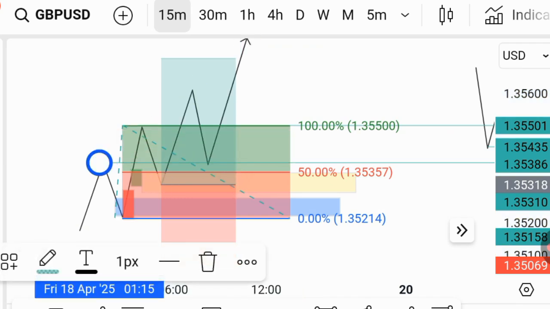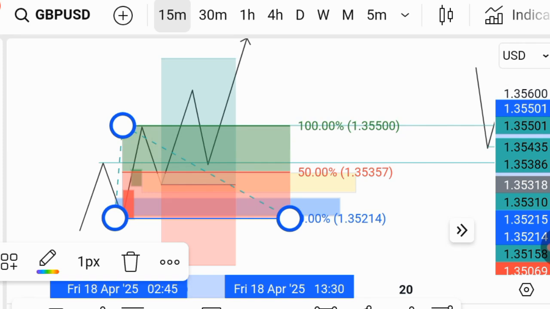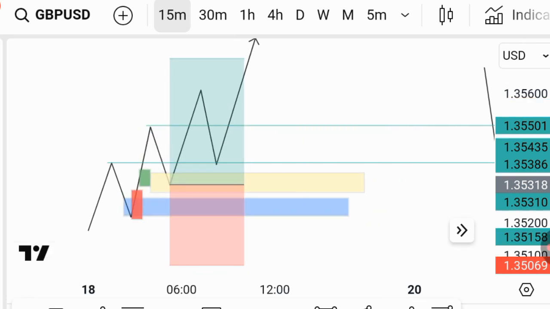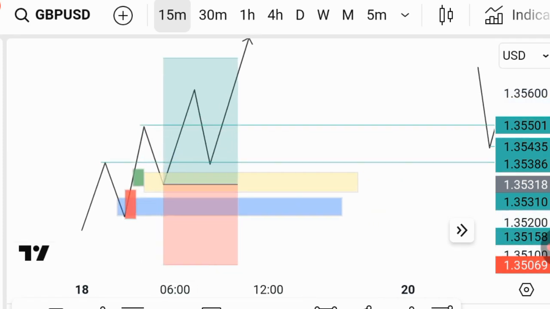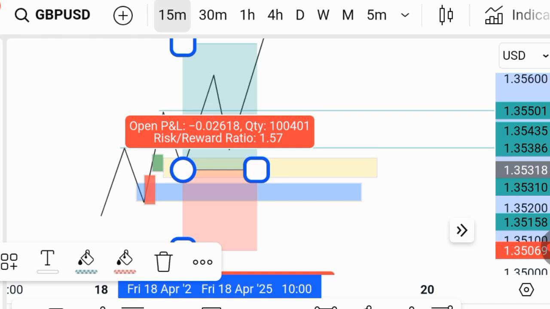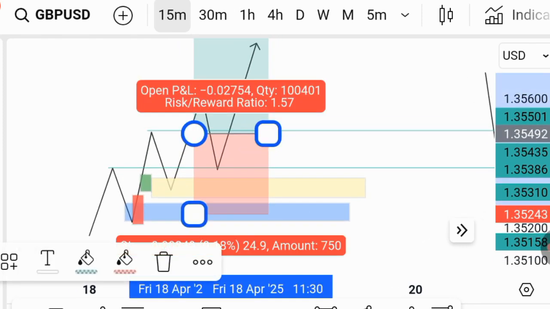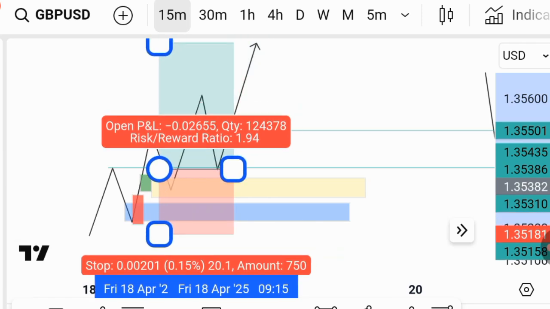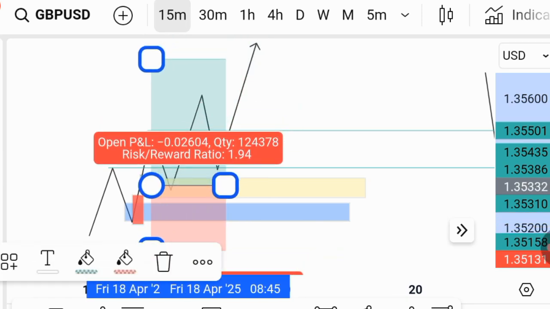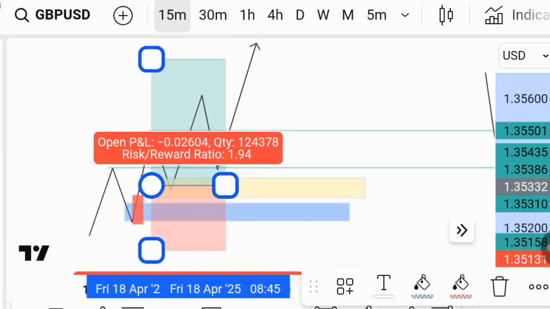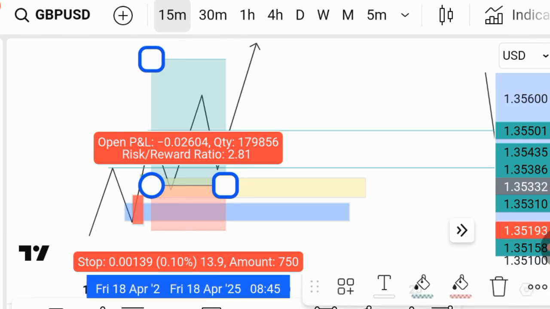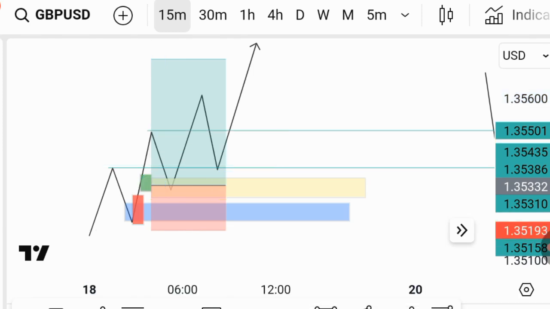So if you're trading fair value gap, always make sure that your stop loss is immediately after the order block, something like this, right?